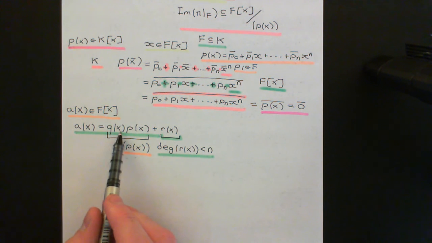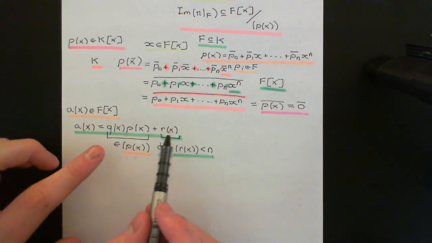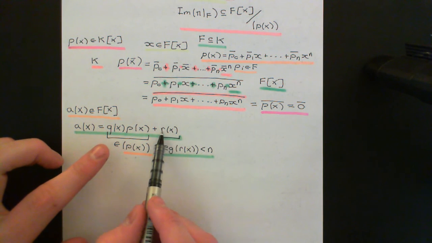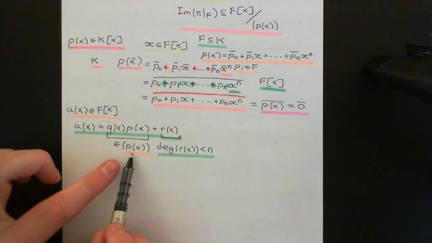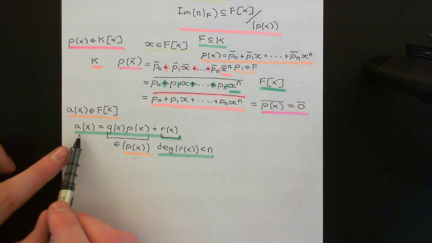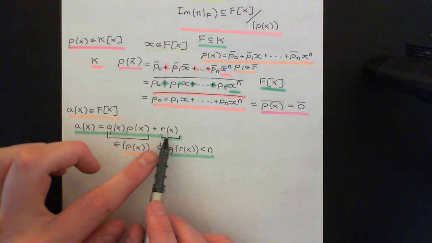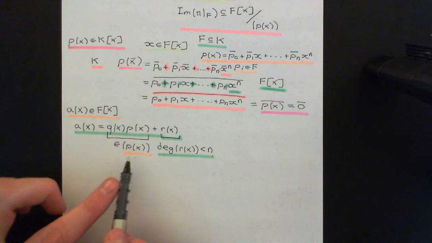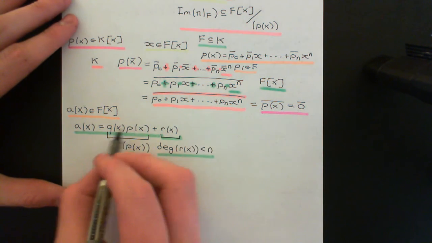Okay, so this is certainly going to be an element of the principal ideal generated by p of x. Then all you've got is this remainder polynomial r of x plus an element of the principal ideal generated by p of x, and that's giving you a of x. So what that is telling us is that a of x is going to be in the same additive coset of the principal ideal generated by p of x as r of x, okay?